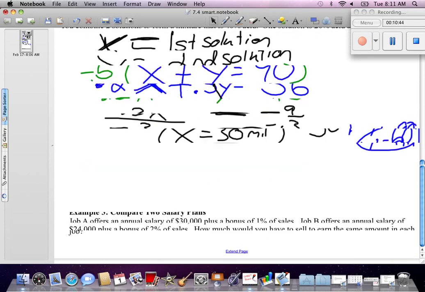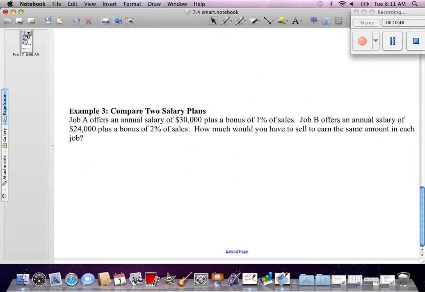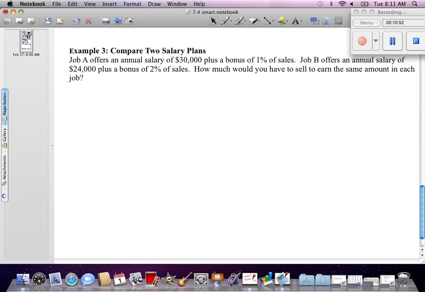Let's go to example 3. All right. Job A offers an annual salary of $30,000 plus a 1% bonus of sales. Job B offers an annual salary of $24,000 plus a 2% bonus of sales.